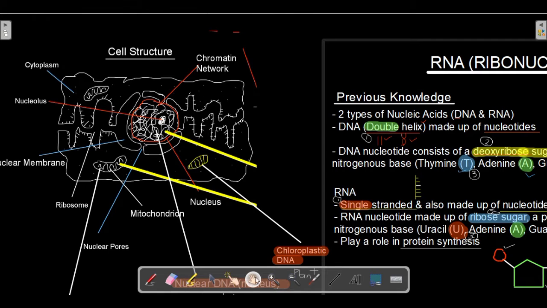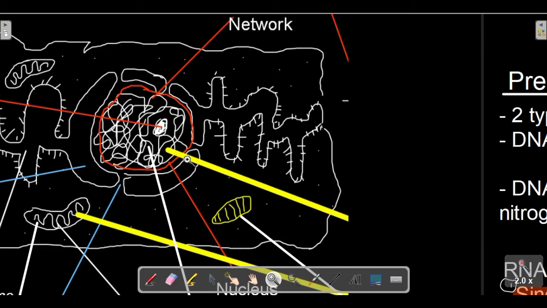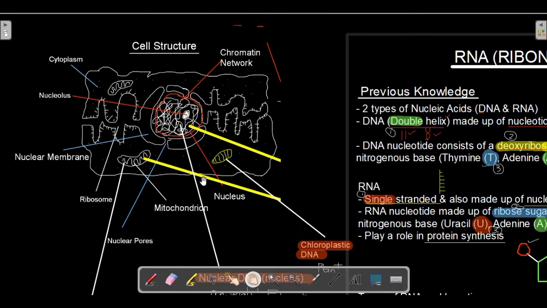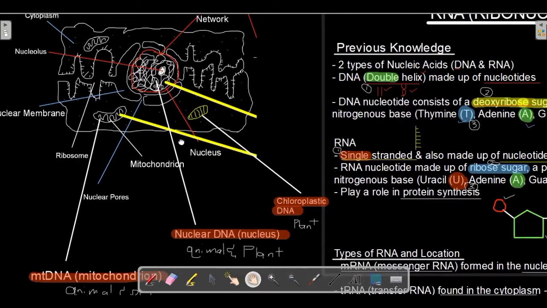It's a jelly-like substance, and if you really watch my YouTube videos, you realize that actually we also have another jelly-like substance inside, which we call the nucleoplasm, right? So we call that the nucleoplasm.